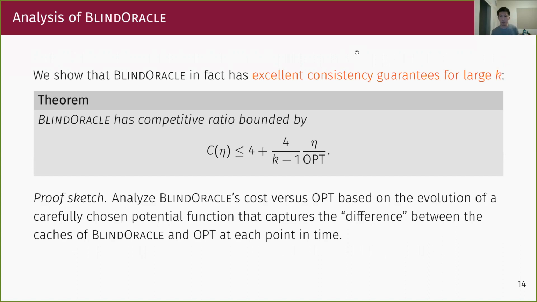And so the theorem I show is that blind oracle has competitive ratio bounded by 4 plus 4 divided by k minus 1 times eta over opt. And although it's not on the slide, I also show a tighter upper bound when eta is very small, showing that C of eta actually approaches 1 as eta approaches 0.